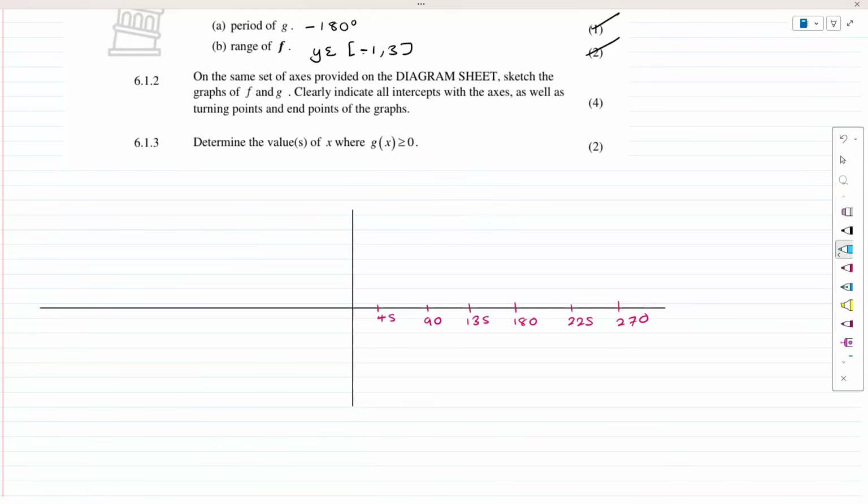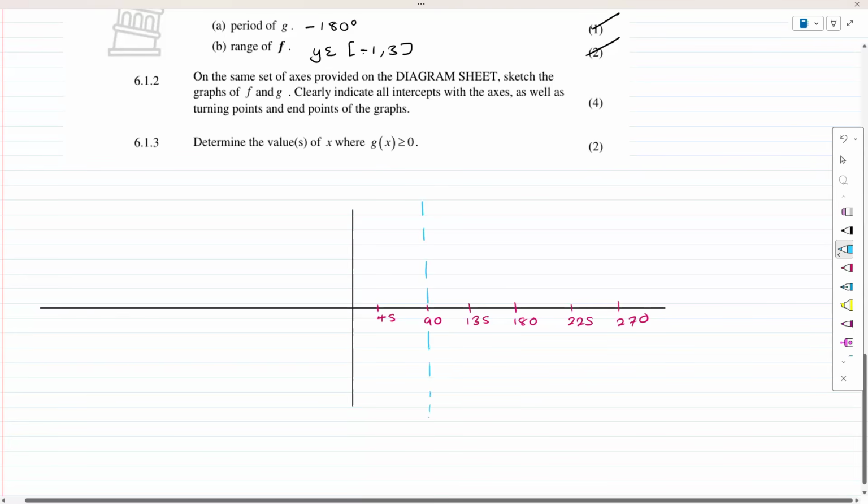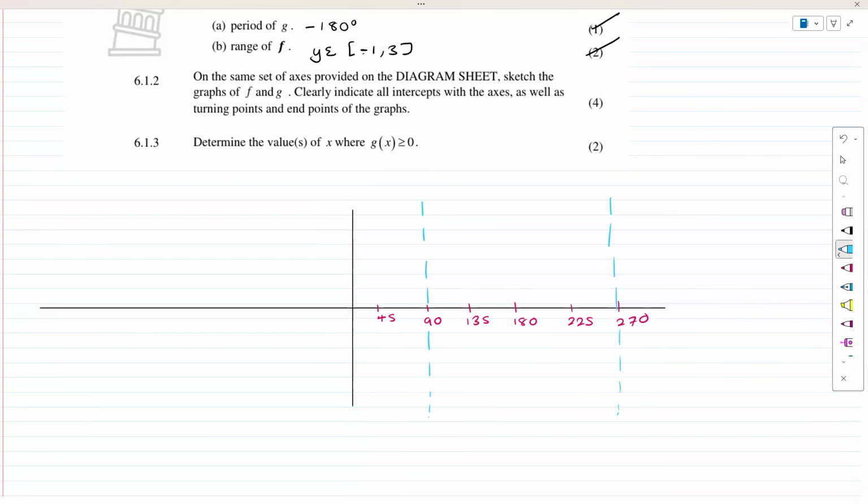Now, when it comes to a tan graph, we should have asymptotes at 90 and 270. And if you don't, most likely you did something wrong. Now, if we start with our points, generally that's 1, 2, 3, and -1, -2, -3.